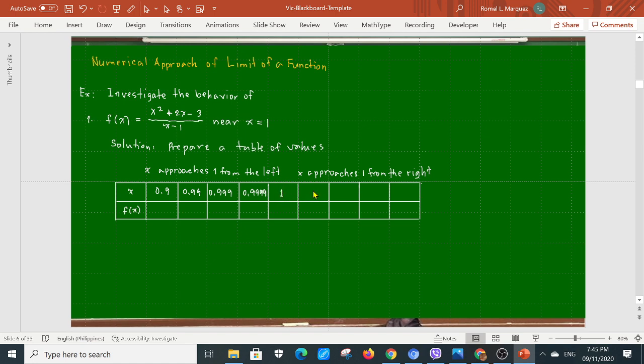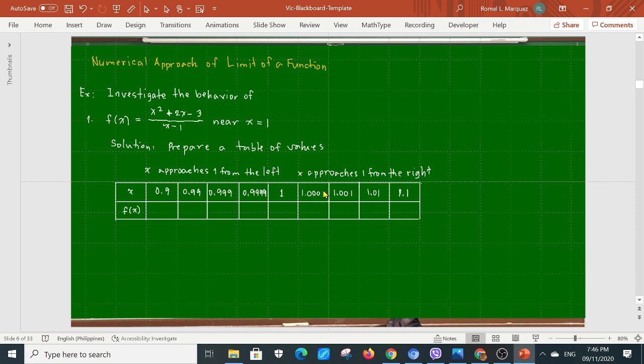And then from the right, we can start with 1.1, greater than 1 but close to 1. 1.01, 1.001, and then finally 1.0001. You can assign arbitrary values that are small. From the left, less than 1. From the right, greater than 1.